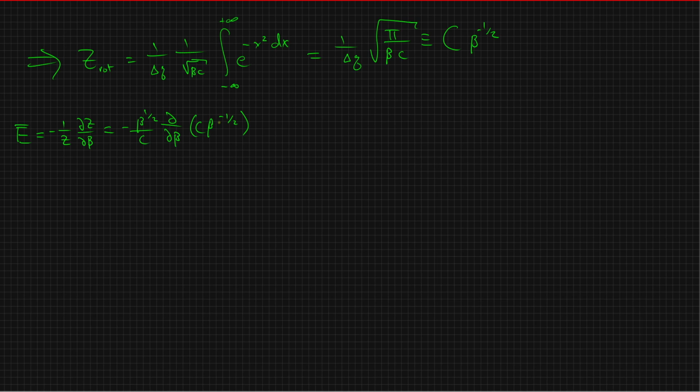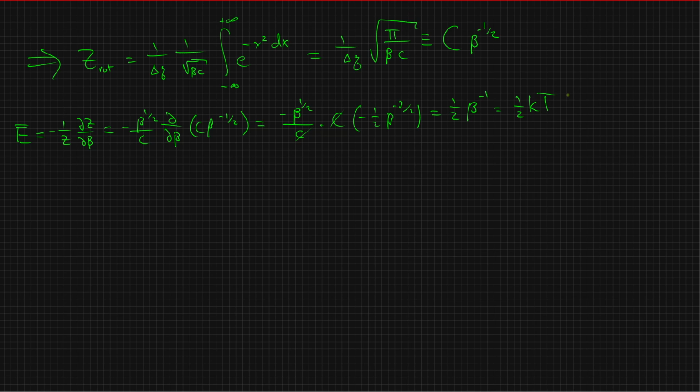Taking the partial derivative of that, we would just get minus beta to the 1/2 all over c times minus 1/2 beta to the minus 3/2. So the c's cancel out, beta to the 1/2 cancels with the beta to the minus 3/2 to give beta to the minus 1, and we just have 1/2 beta to the minus 1, which equals 1/2 k times T.